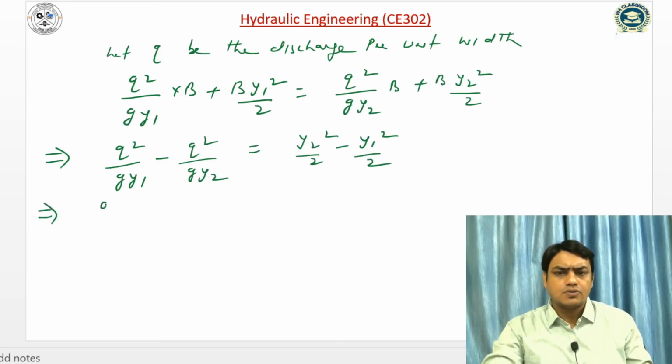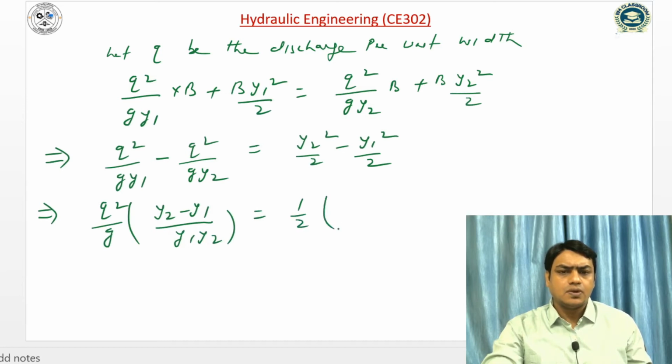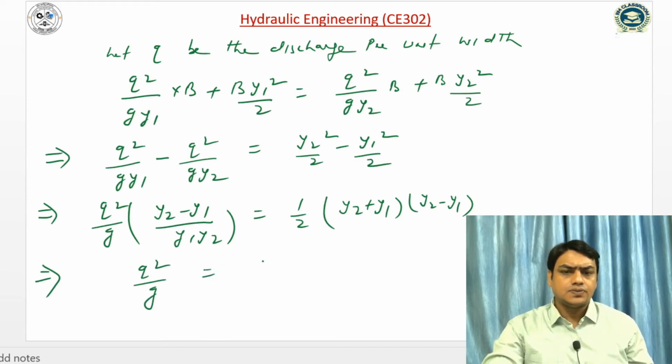Taking q square by g common, it will be 1 by y1 minus 1 by y2. So y2 minus y1 divided by y1 y2 is equal to 1 by 2 into y2 square minus y1 square, that is y2 plus y1 into y2 minus y1. The y2 minus y1 cancels. So q square by g is equal to y1 y2 into y1 plus y2 by 2.